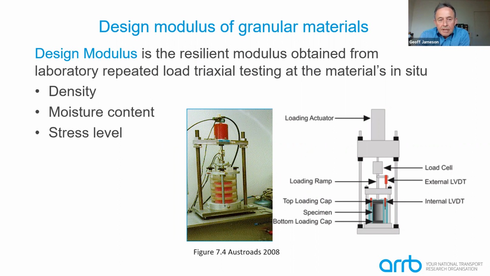Now, in terms of density, what would guide the designer would be what values are the minimum values that are acceptable for construction. And those specifications for constructed densities vary between road agencies.